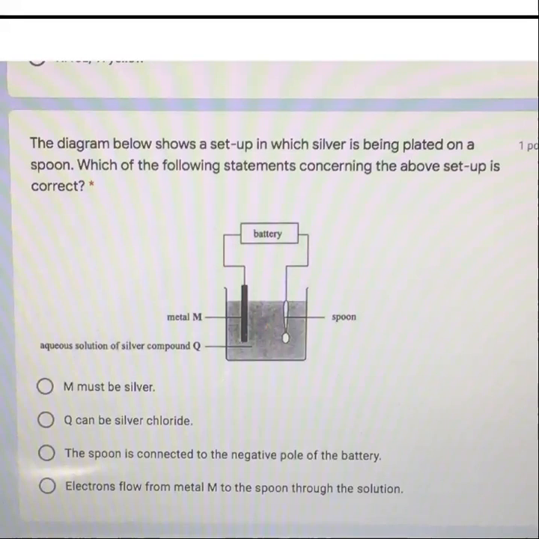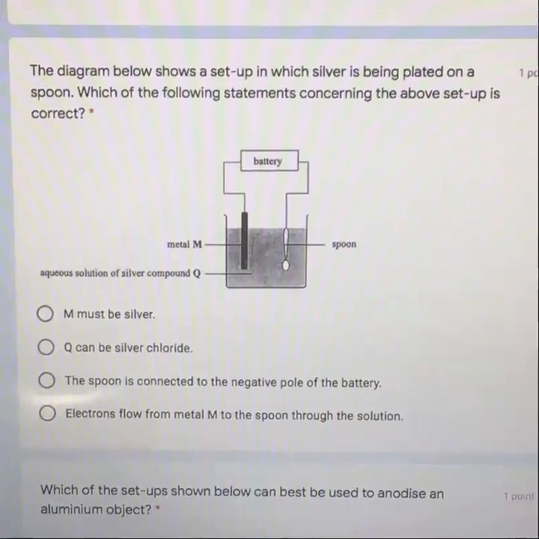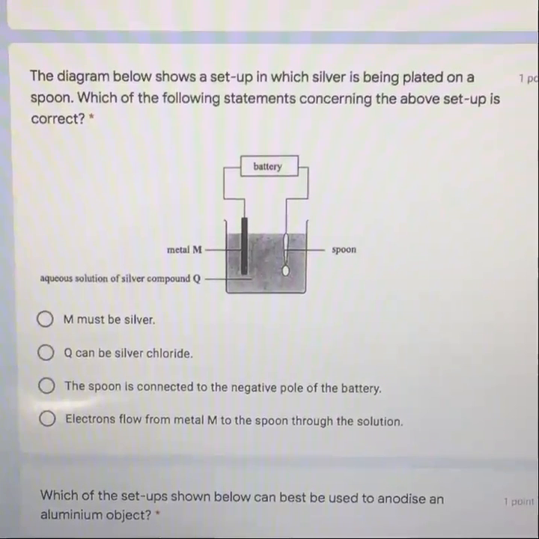If we take a look at the choices provided here, A, M must be silver. It sounds reasonable, but whenever you see a statement with mass in it, you need to pay attention.